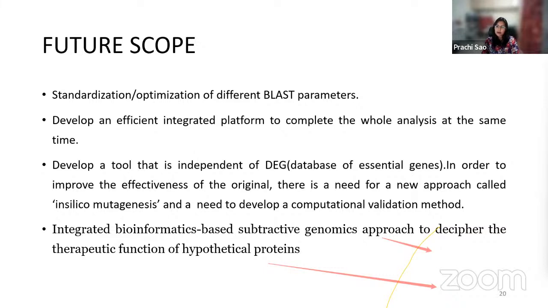So these are small pieces of bioinformatics work which can be done using this as a background.